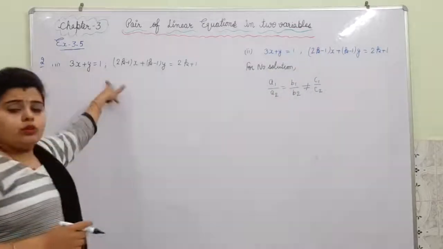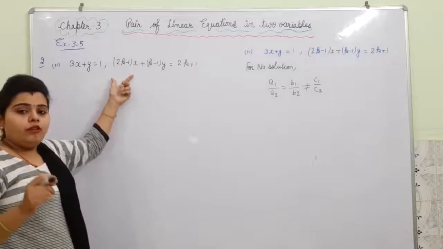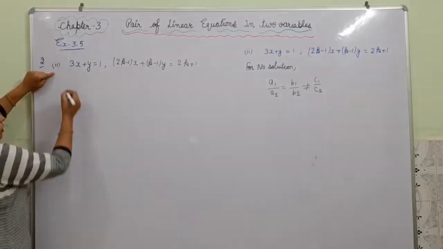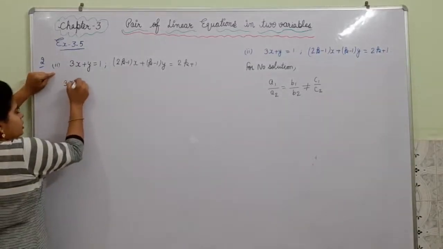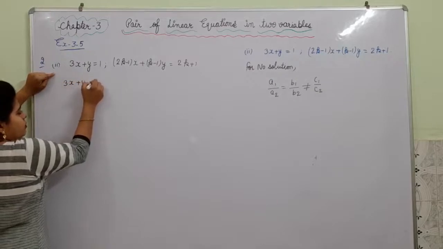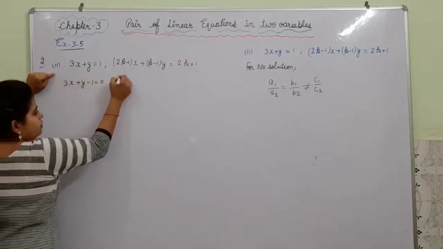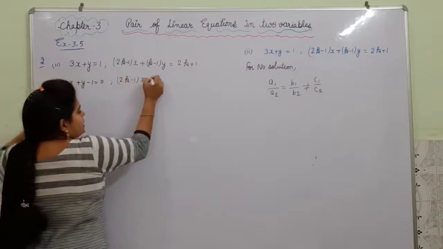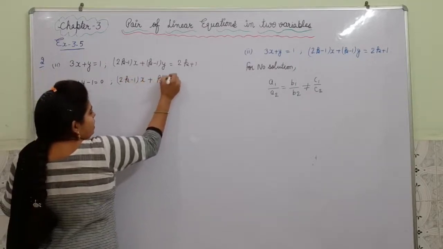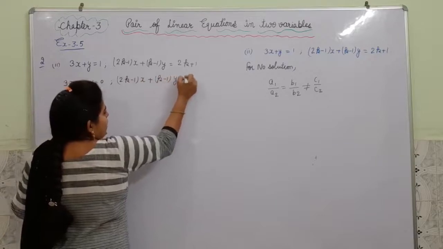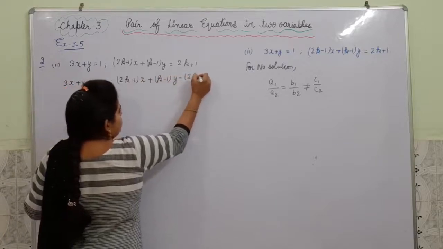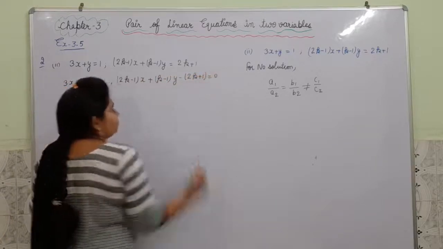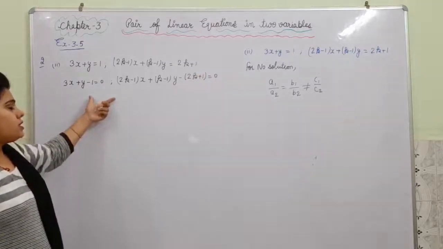Firstly, reduce these two equations to the standard form of pair of linear equations. 3x plus y minus 1 is equal to 0, and here 2k minus 1 into x plus k minus 1 into y minus 2k plus 1 is equal to 0. This is our standard form.